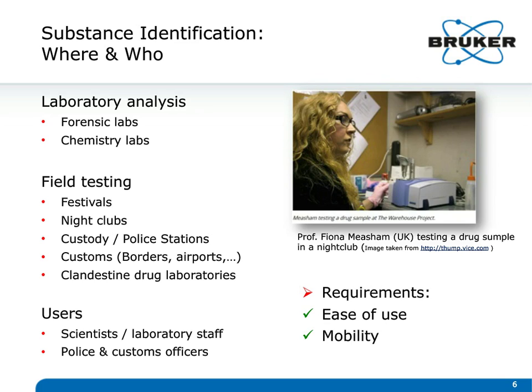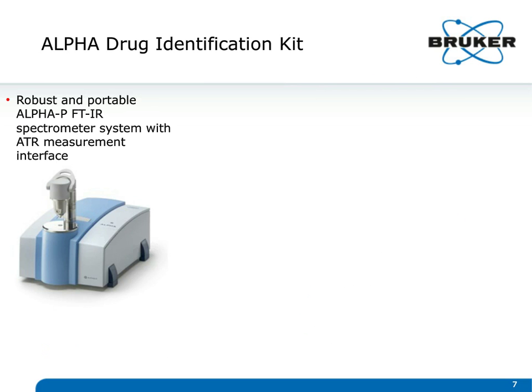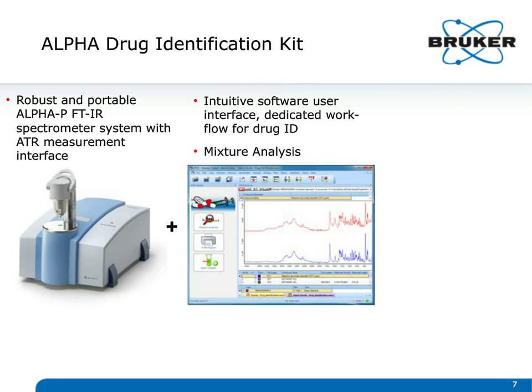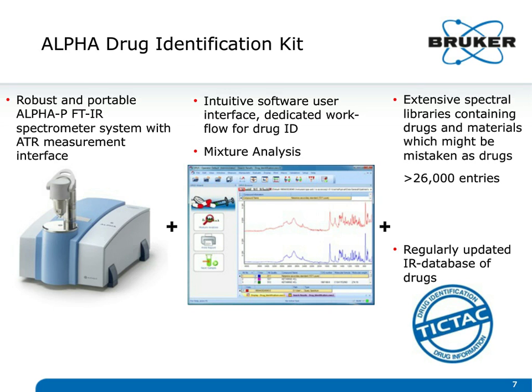So this is the Alpha spectrometer, and this is actually an important tool in the toolbox. A portable FTIR that only weighs a few pounds can be taken out to the field. You can test the white powder or whatever you might suspect as a drug or explosive agent or whatever. And these databases for doing the analysis now are very well developed.